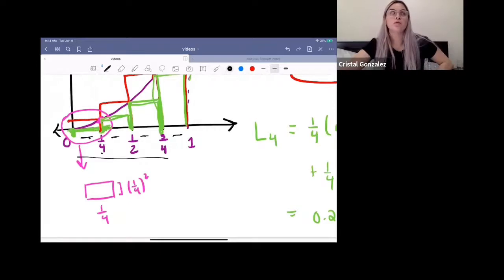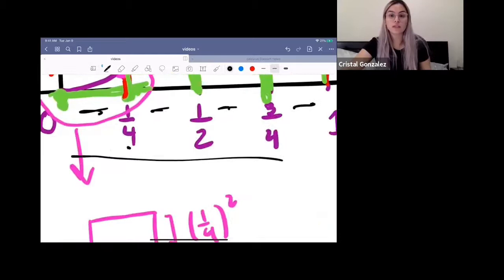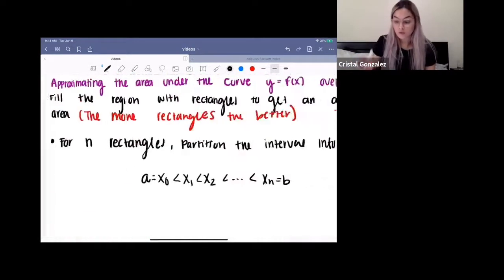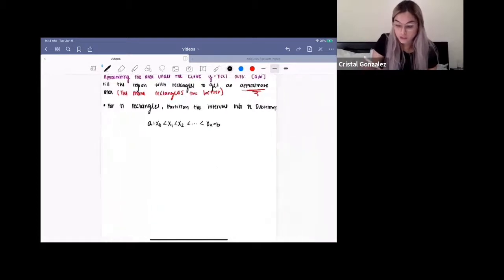But what if I told you we're looking at the interval from 3 to 10, or 3 to 7, or 4 to 5? Then we wouldn't be able to just do it that way. This one was an easy case. What we would do instead is the width of our rectangles, we're going to call delta x, so a small change in x.